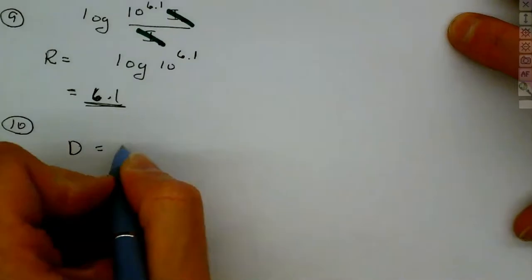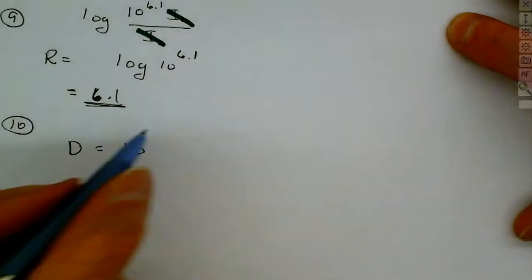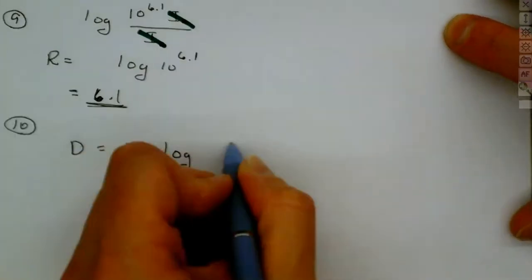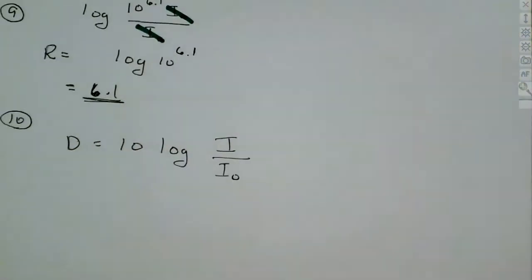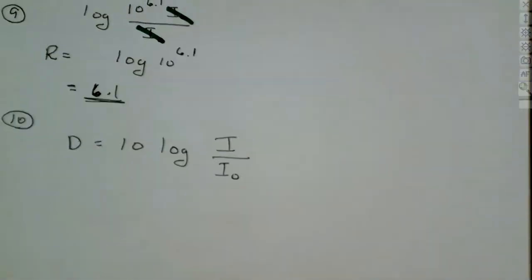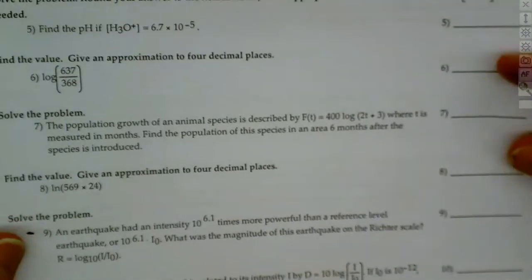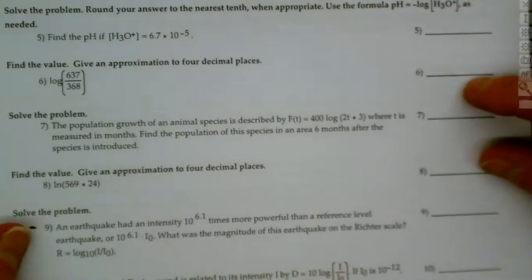And D equals 10 log of I over I naught. And so question 10 works with the decibel scale. So let's read it, and we'll label our pieces. We'll plug it in, and we'll find our I.